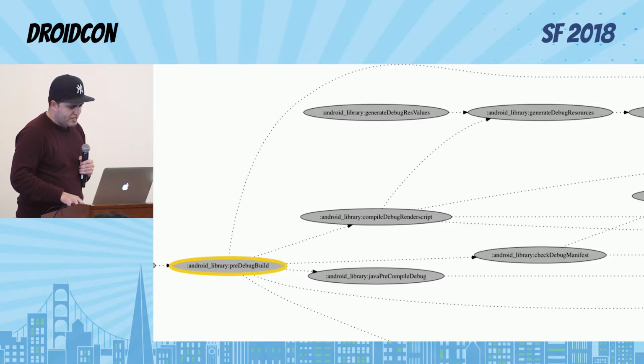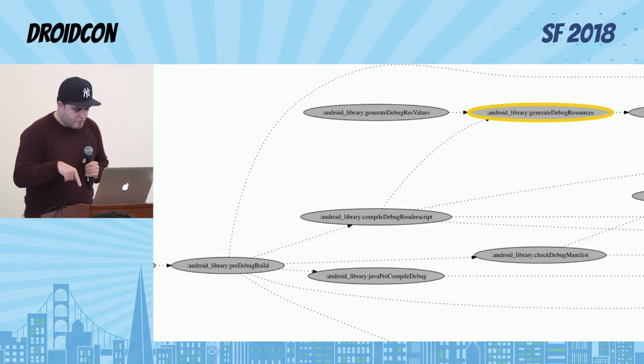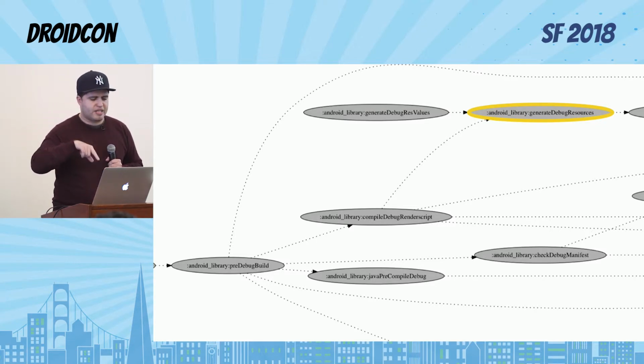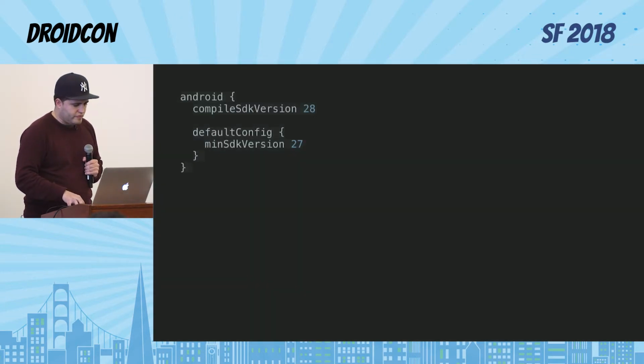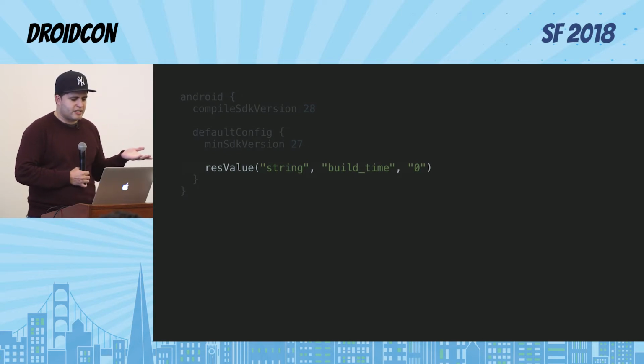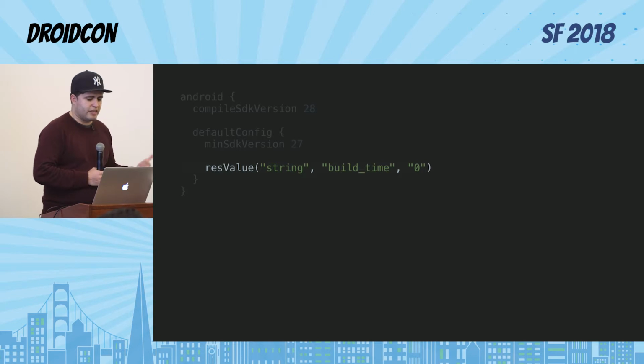So the res values task. It's an anchor task, or rather there's a debug resources anchor task that res values depends on. What is res values? One little known feature of the Android Gradle plugin is that you can generate dynamic resource values at build time to consume at runtime by setting a property like this.